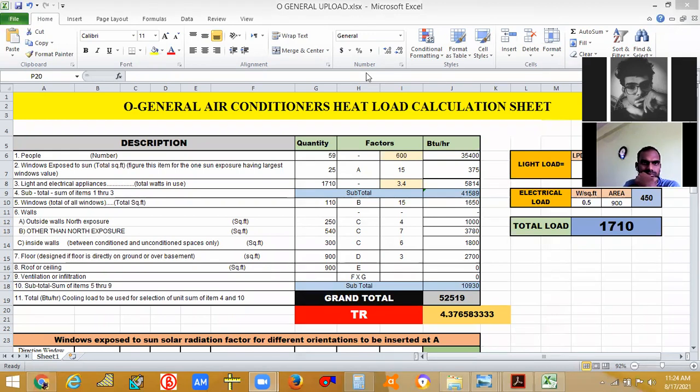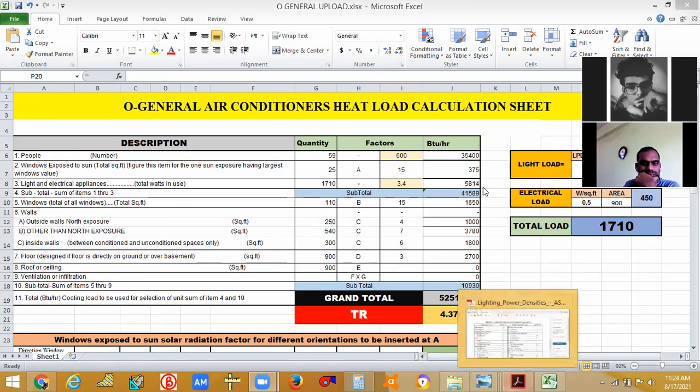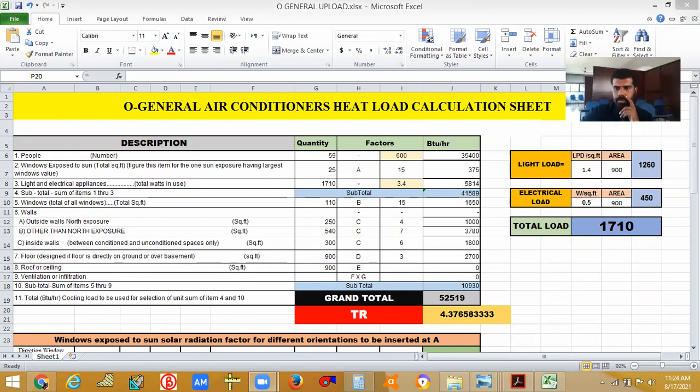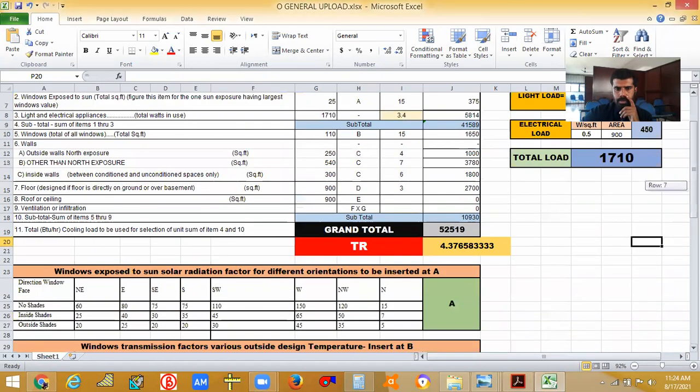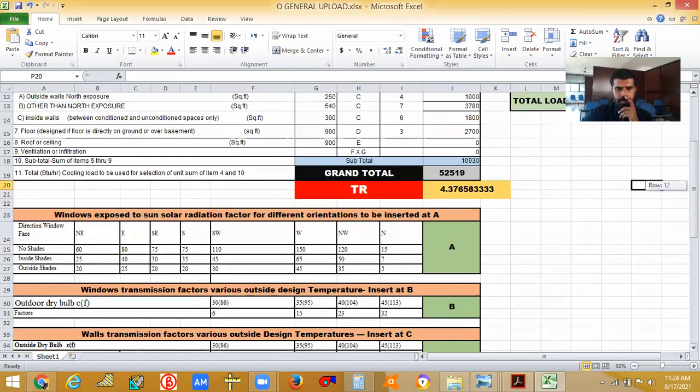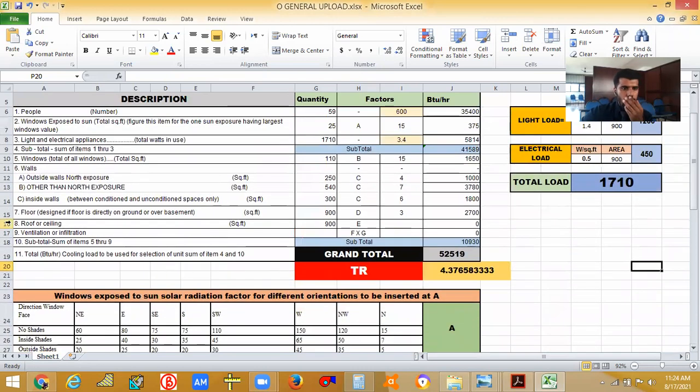So we are focusing on that. We are not conditioning the unconditioned space. So that's why we are looking only at this 900 square feet. Now roof or ceiling, it is 900.